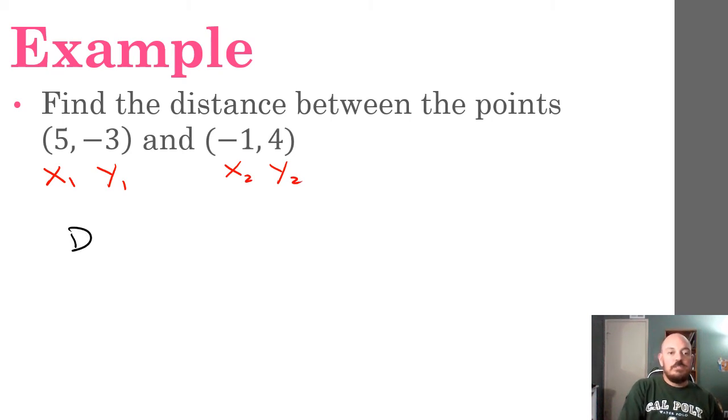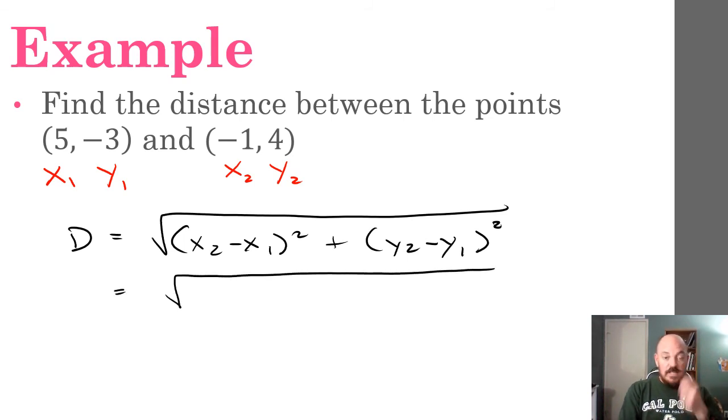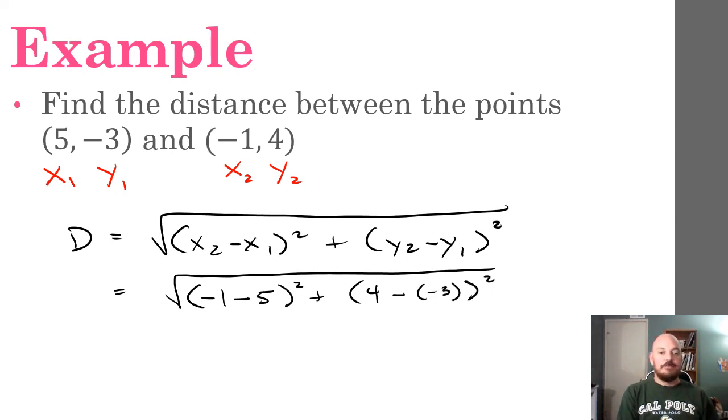Now the distance formula, which I just gave you, big square root, and it's x2 minus x1 squared plus y2 minus y1 squared. Subtract the x's and square it, subtract the y's and square it. So let's put the numbers in. x2 is negative 1, minus x1 is 5, and then we'll square that, plus y2 is 4, minus y1 is negative 3, and we'll square that.